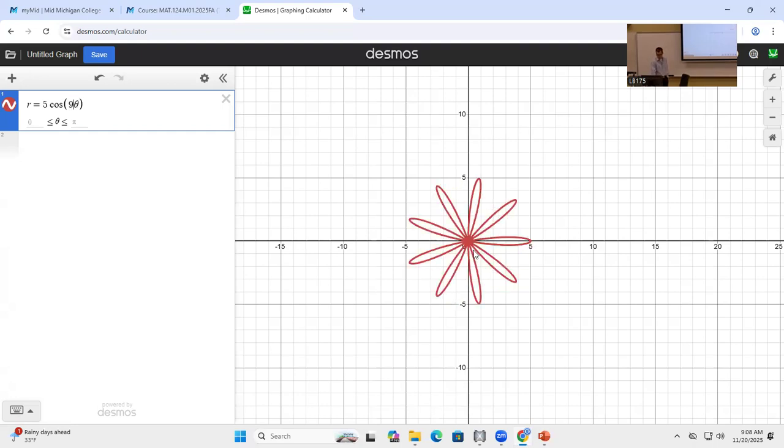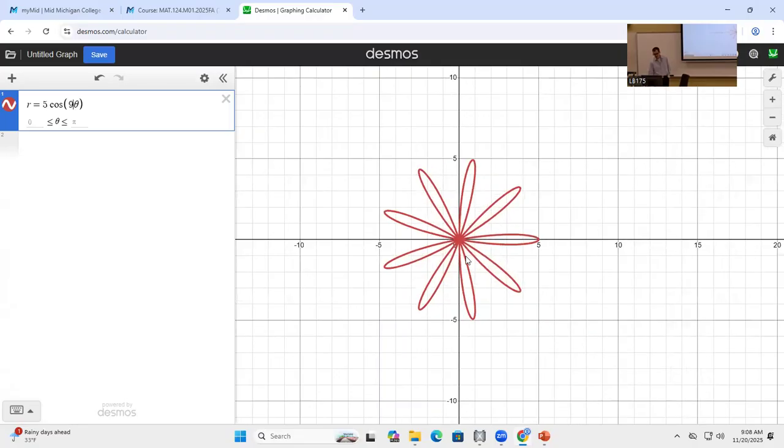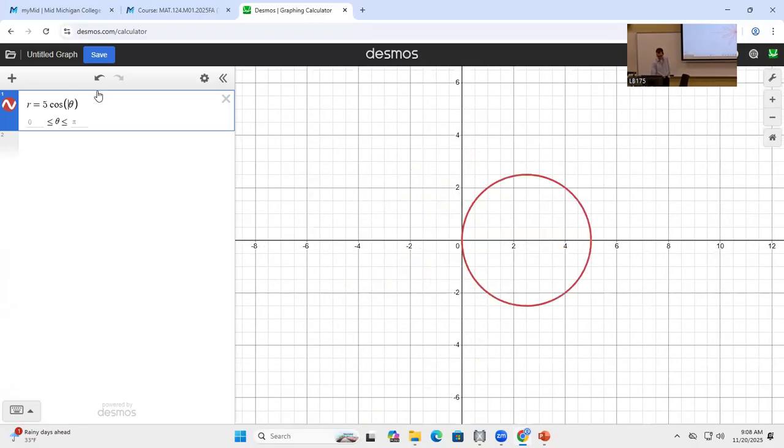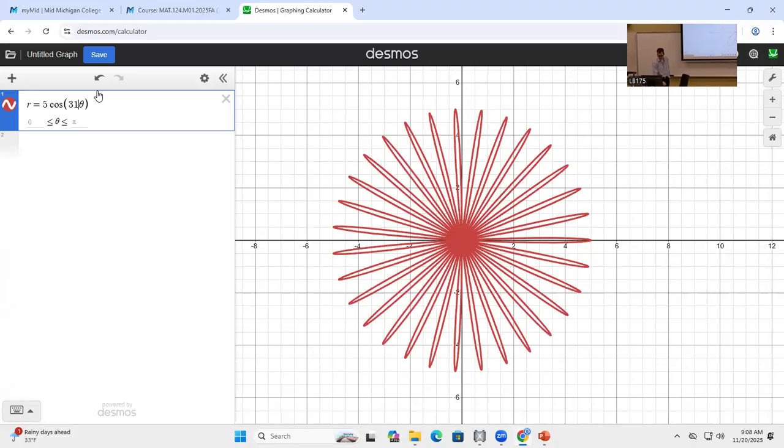And if I change that to 9, we end up with 9 petals. And if I change that to 31, if you counted that, you should get 31 petals. All right. With, as you can see, one of them laid out right along the x-axis.